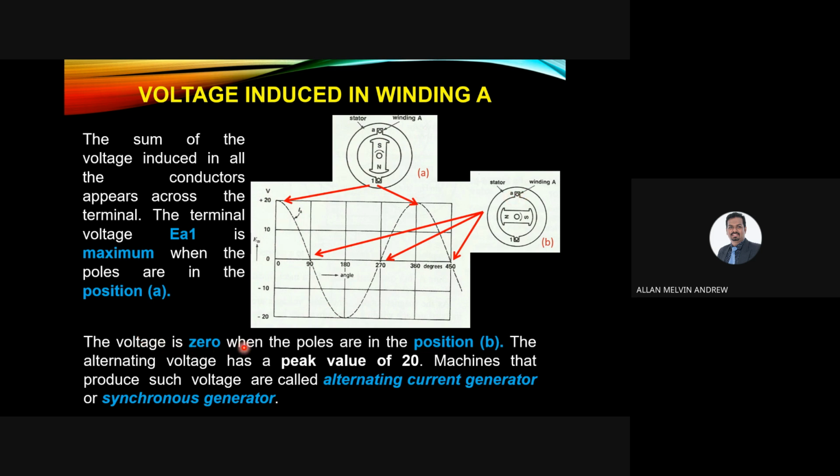The voltage is zero when the poles are in the different position B. The alternating voltage has the peak value of 20. Machines that produce such voltage are called alternating current generators or synchronous generators.